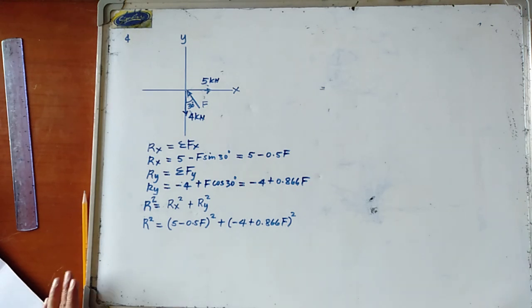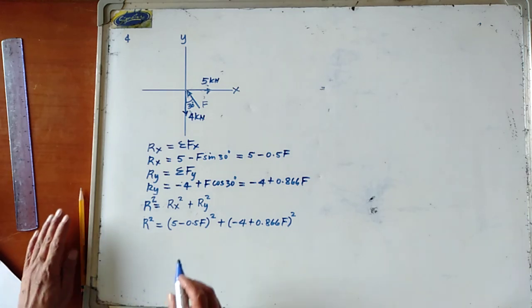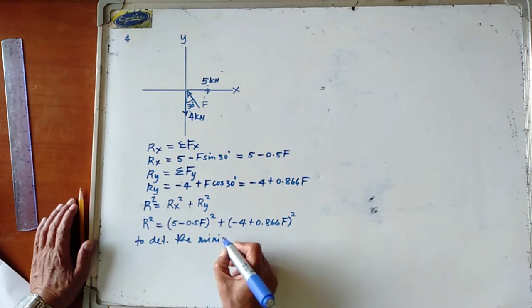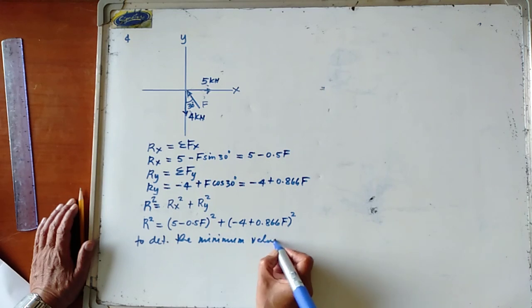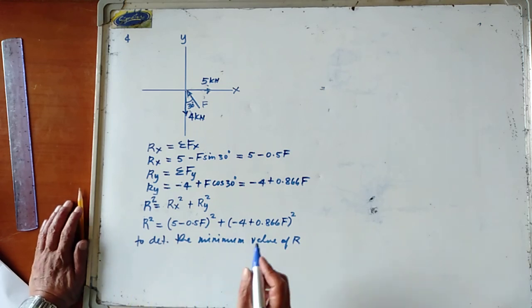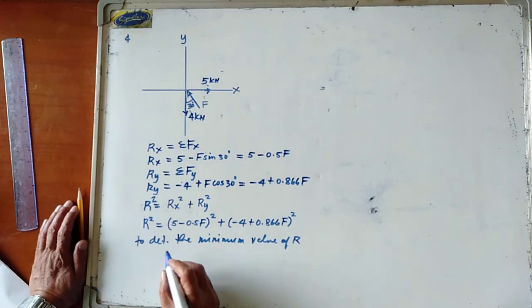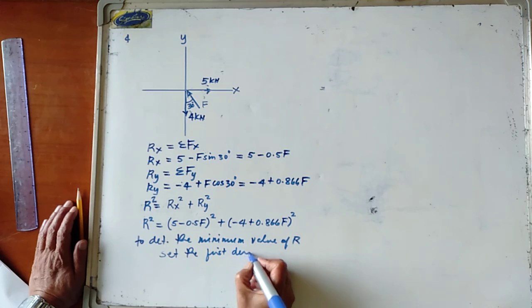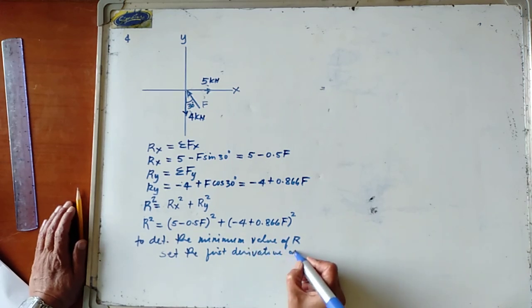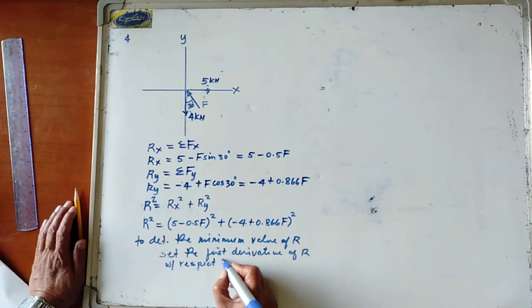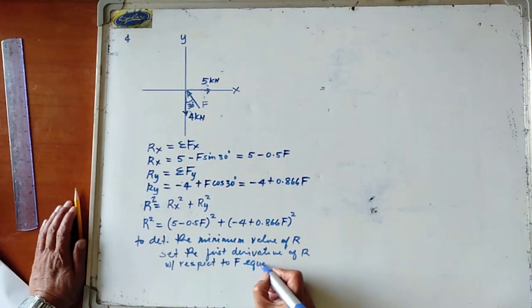Now, to determine the minimum value of R, let us set the first derivative of R with respect to F equal to 0.